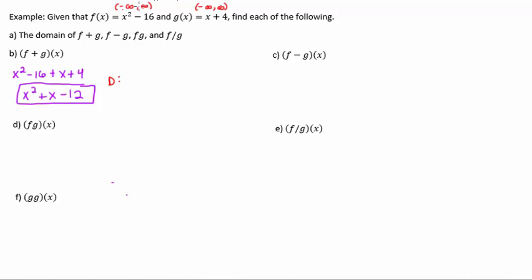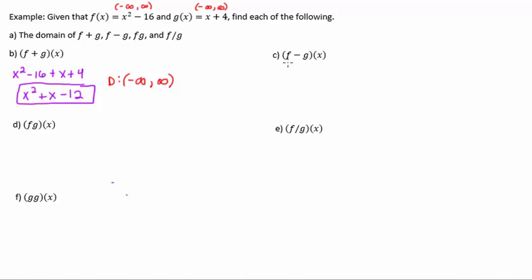So when we're adding functions together, if they both have domains of negative infinity to positive infinity, that should not change just by adding them. And it shouldn't change by subtracting them or even probably multiplying them. The place we're going to end up with a problem in our domain is going to be when we divide them. So the domain for f plus g is all real numbers, which is negative infinity to positive infinity.